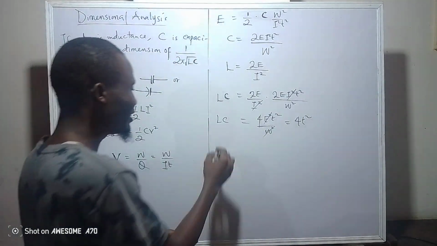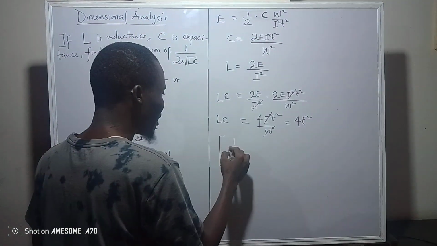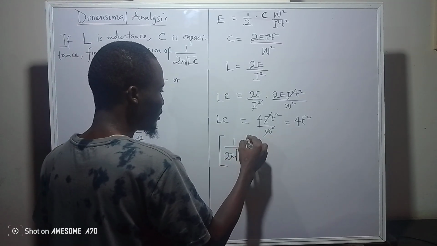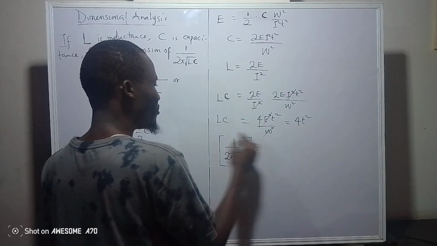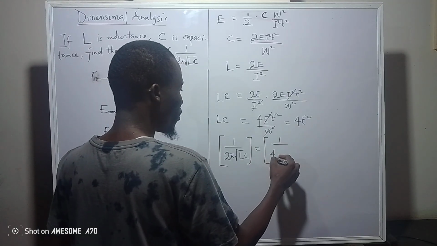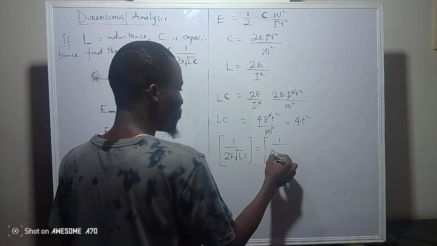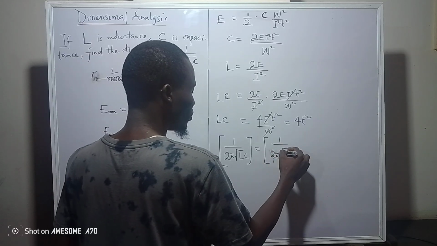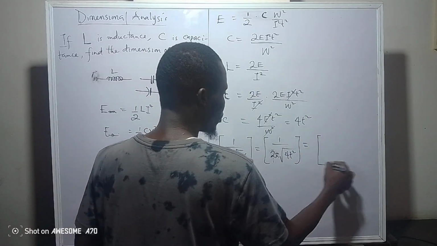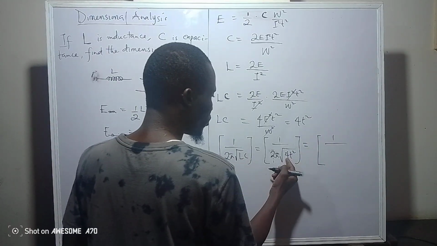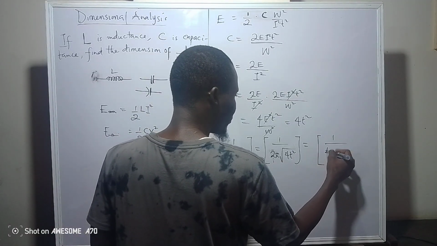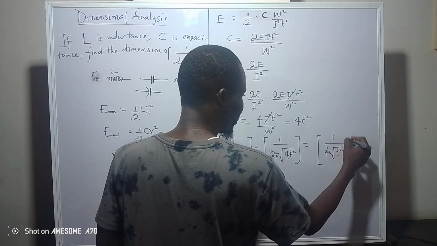Finally, come back to this side. The dimension of 1 over 2 pi root LC is just the dimension of 1 over 2 pi root 4T squared. And that becomes the dimension of 1 over, the square root of 4 is 2, you can bring it out, it becomes 4 pi root T squared.